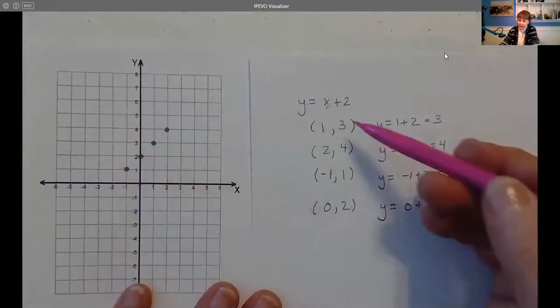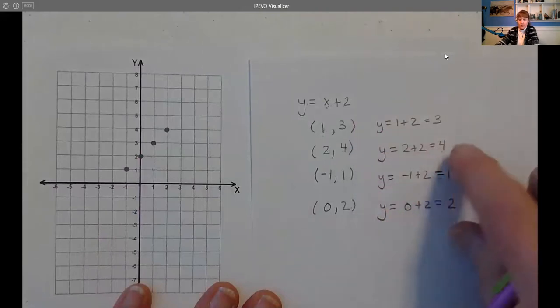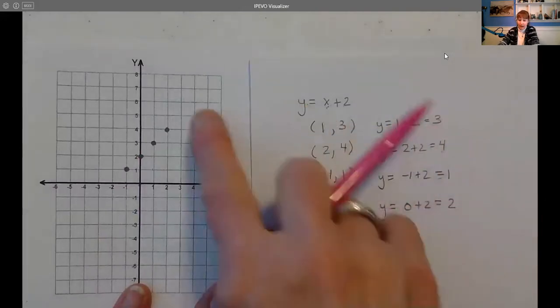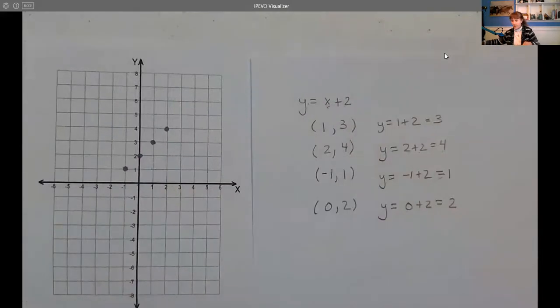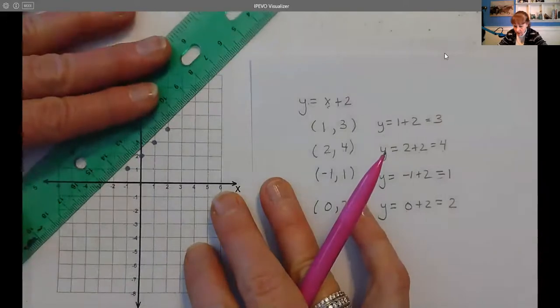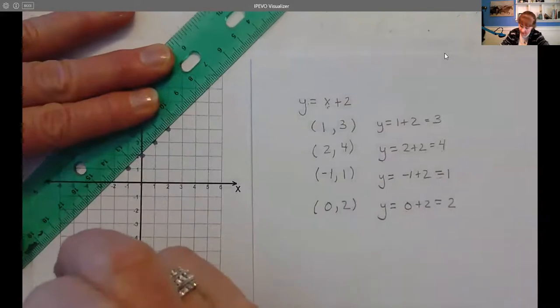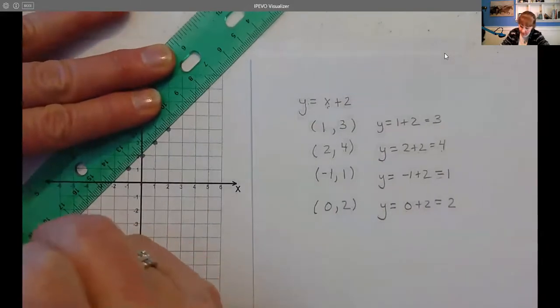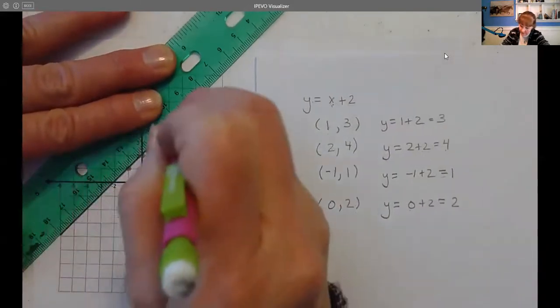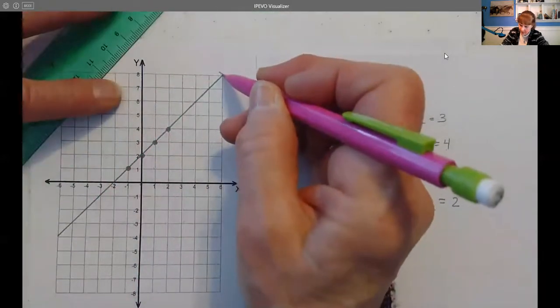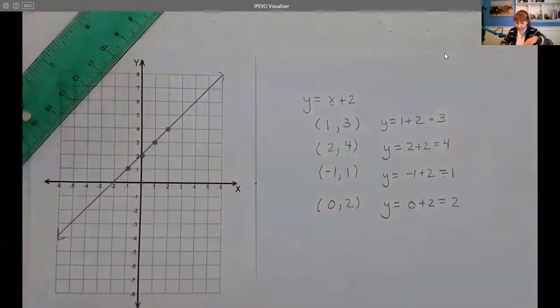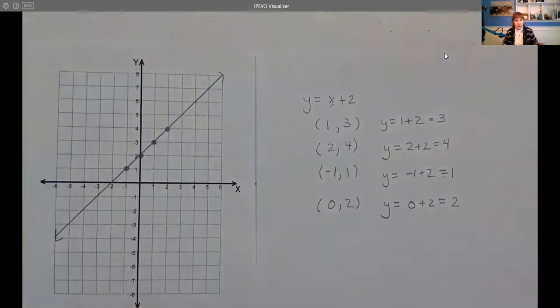So we now have these 4 points that are solutions to this equation, and we've drawn them here. We put them on the graph. Well, an interesting thing is that if I connect all of these up, and we're going to be talking more about this picture in our next section when we do some more graphing, but when I connected these points up, I got a straight line.